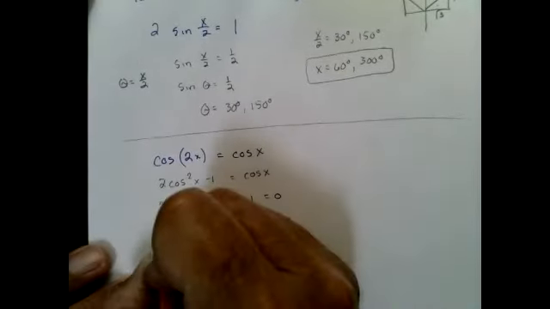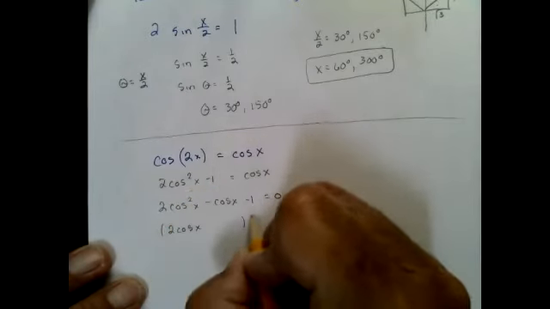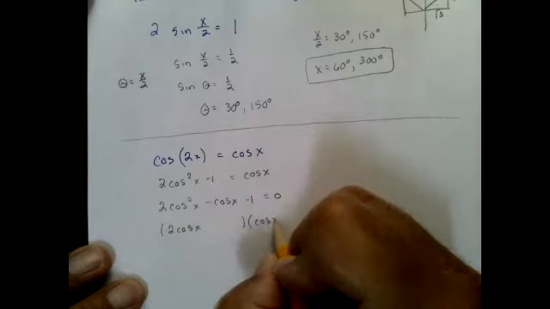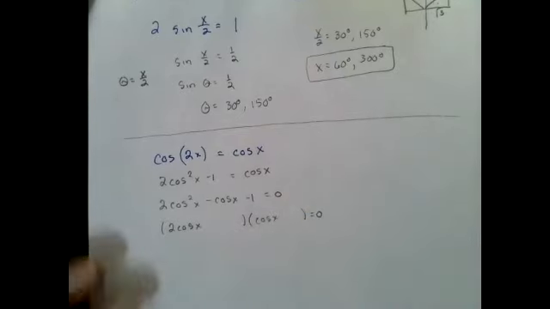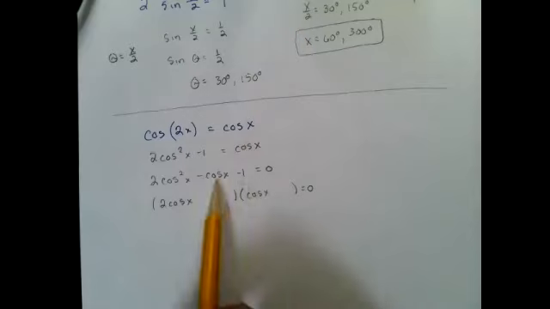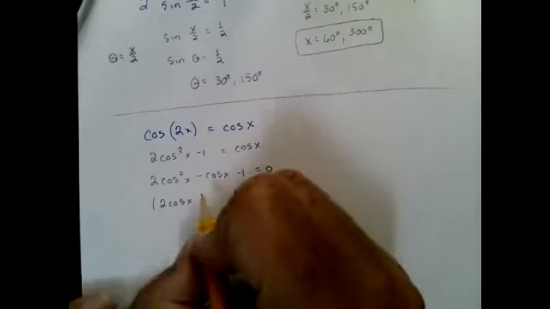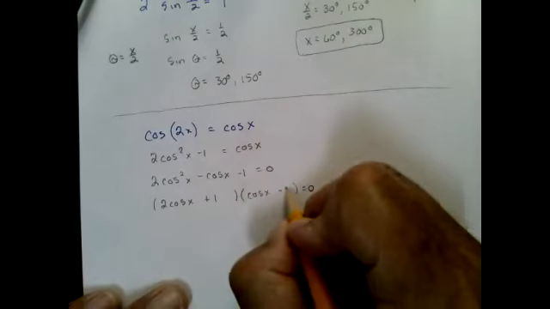I think this is going to factor into 2 cosine of x, cosine of x. I need a -1 in the middle, and I believe this is going to be +1 and -1.